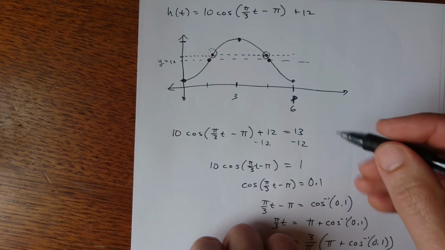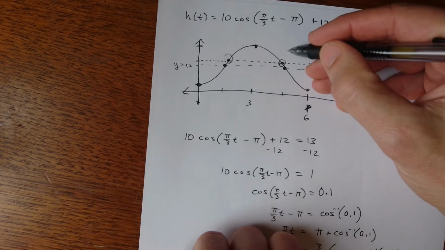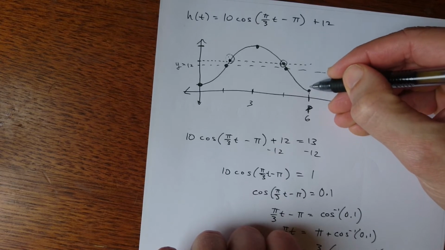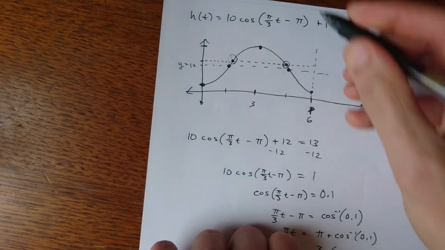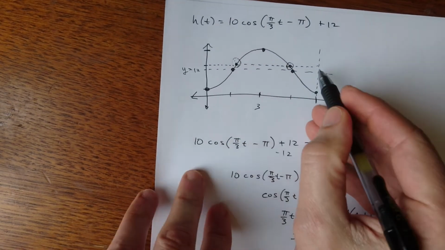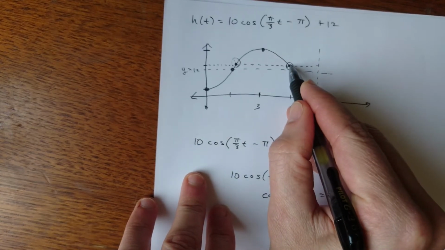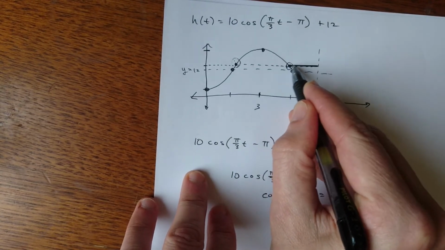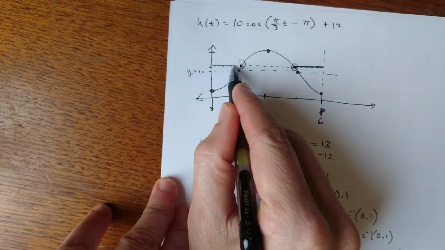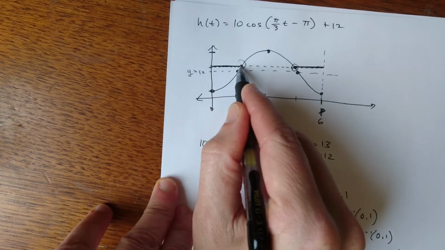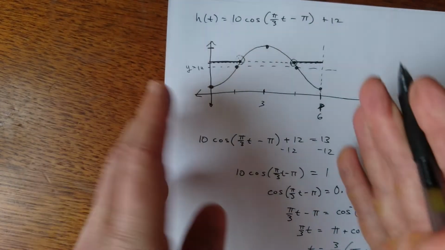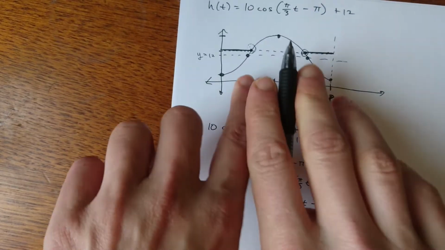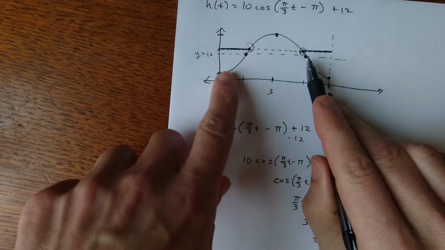So we need to use that to figure out what this other intersection point is. A pretty easy way to do it is to notice, here's our period. There's a lot of symmetry in the cosine graph. From here to here should be the same distance as from here to here, or the same amount of time. They're symmetric about this peak.